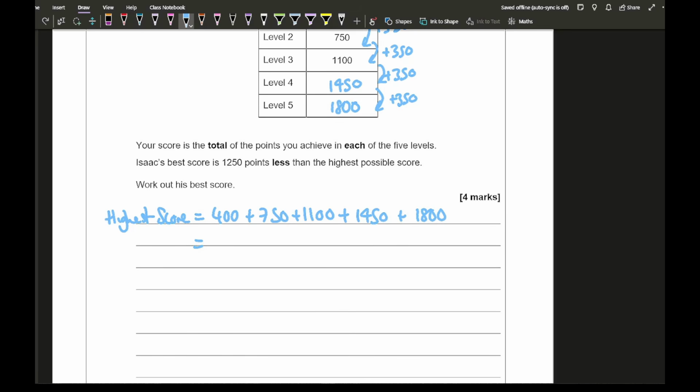I get an answer of 5,500. So then we can work out what Isaac's score is, which is going to be 5500 minus 1250. And if I type that into my calculator, I get an answer of 4250.